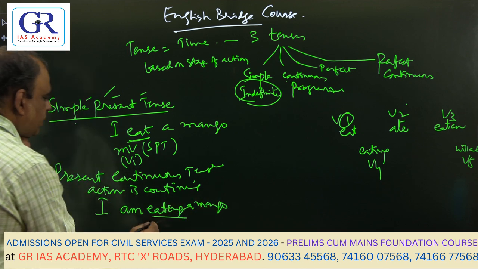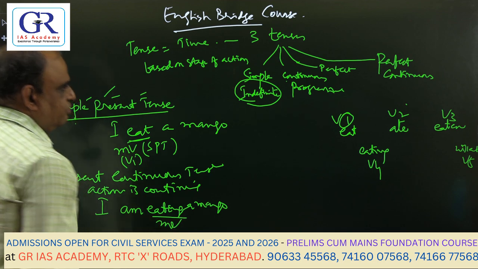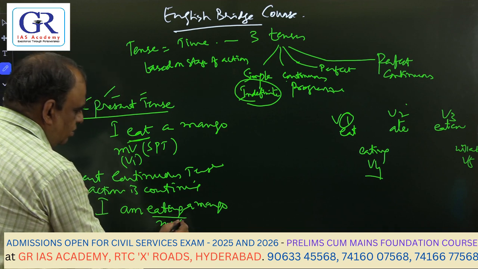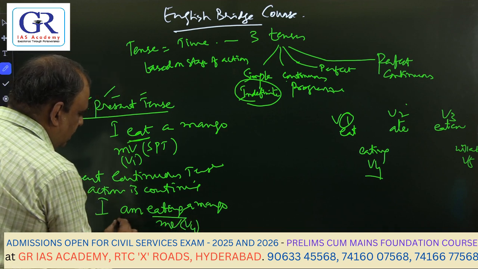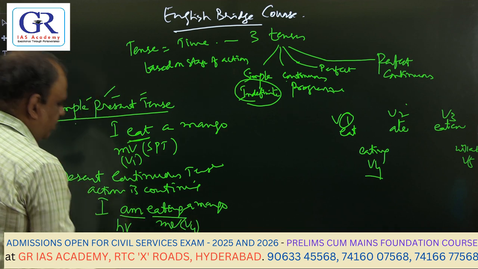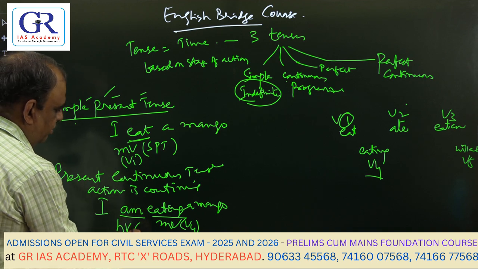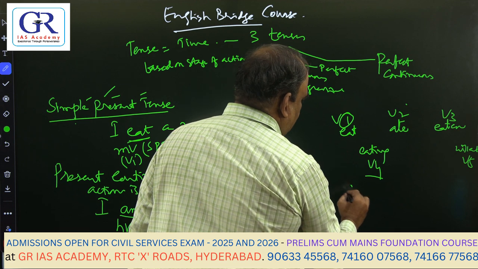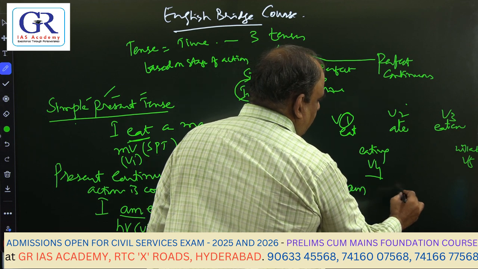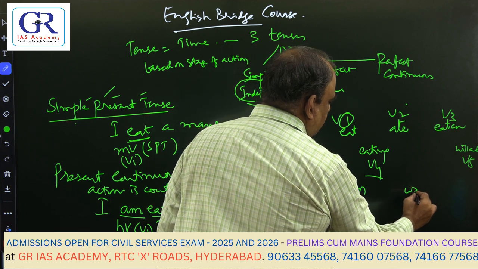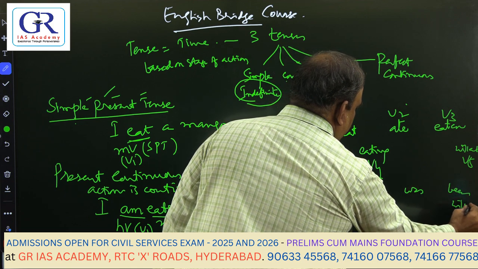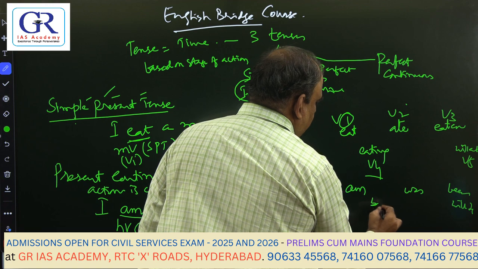So look here, the main verb is in which form? Main verb is in V4 form. And there is a helping verb. Helping verb is in which form? V1 form. I have already told you that like eat, there is am, was, been. And here it will be being.